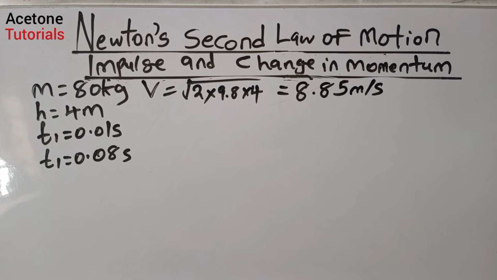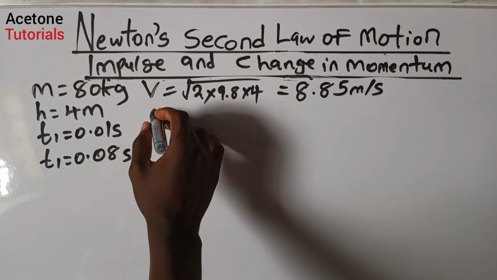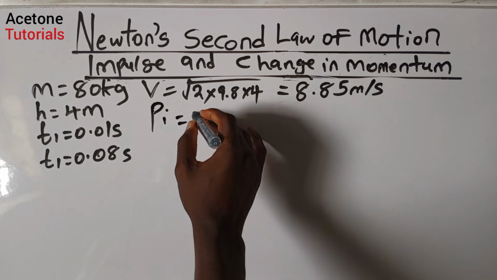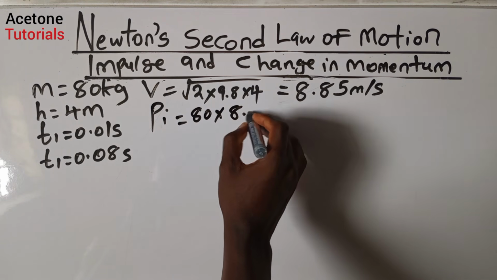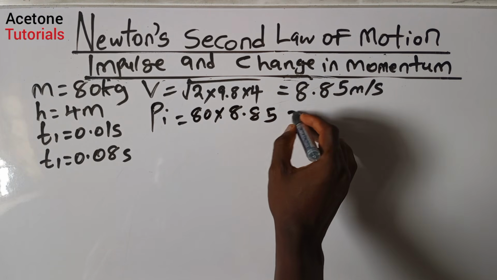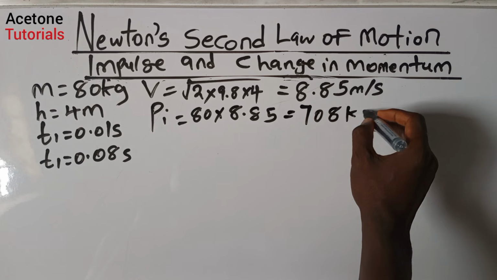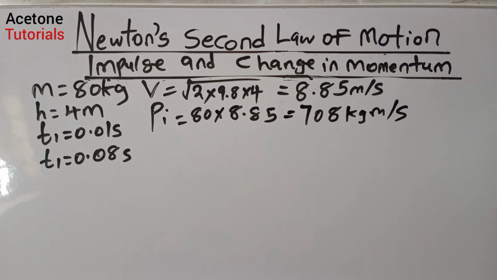Now, the next thing is to get the change in momentum, which is the final momentum minus the initial momentum. The initial momentum on landing is equal to the mass multiplied by the velocity. So 80 times 8.85, and that is equal to 708 kilogram meter per second.